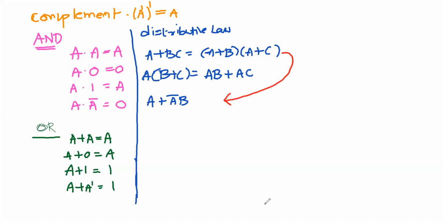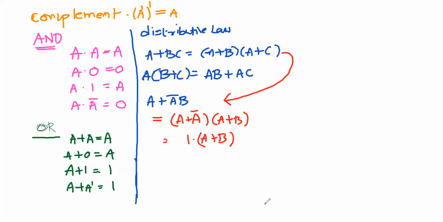A plus A complement gives 1, so A plus AB plus A complement B becomes 1 into A plus B. So the answer will be 1 and A or with B. 1 and with anything is the same thing, right?